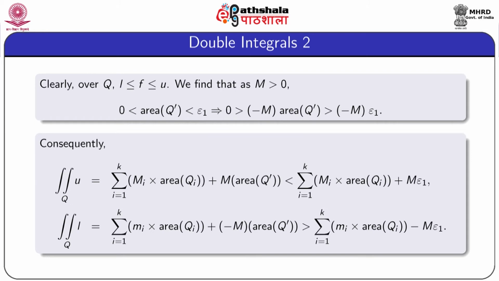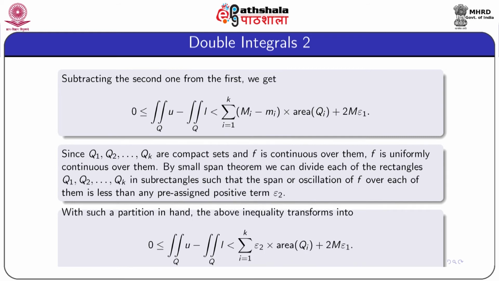We can find a similar result for L, and the integral of L over Q is greater than the summation i equal to 1 to k of small mi times area Qi minus M epsilon 1. Subtracting the second one from the first, we get that 0 lesser equal to integral U minus integral L less than the summation i equal to 1 to k of (Mi minus mi) into area of Qi plus 2M epsilon 1.